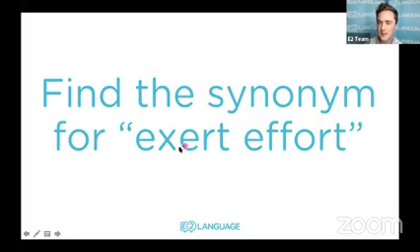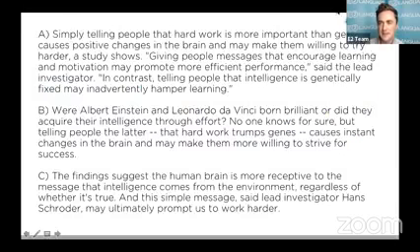This one, you need to find the synonym that means the same thing as exert effort. Exert effort.